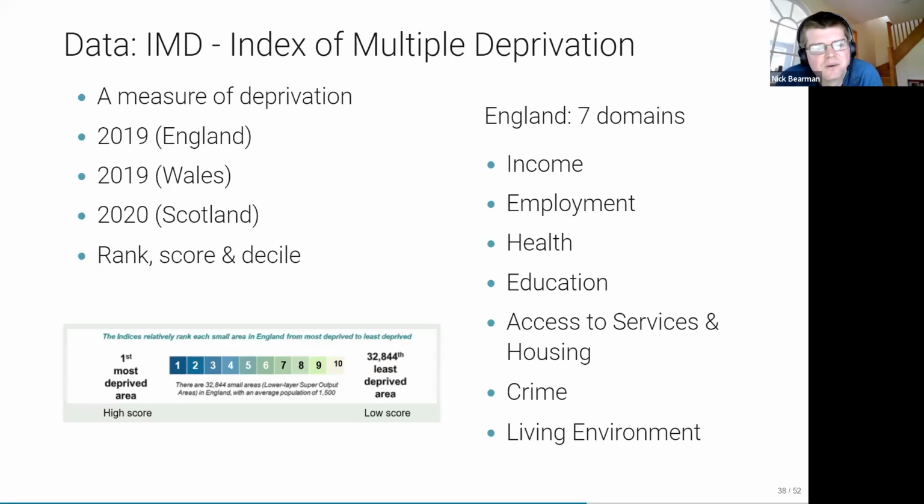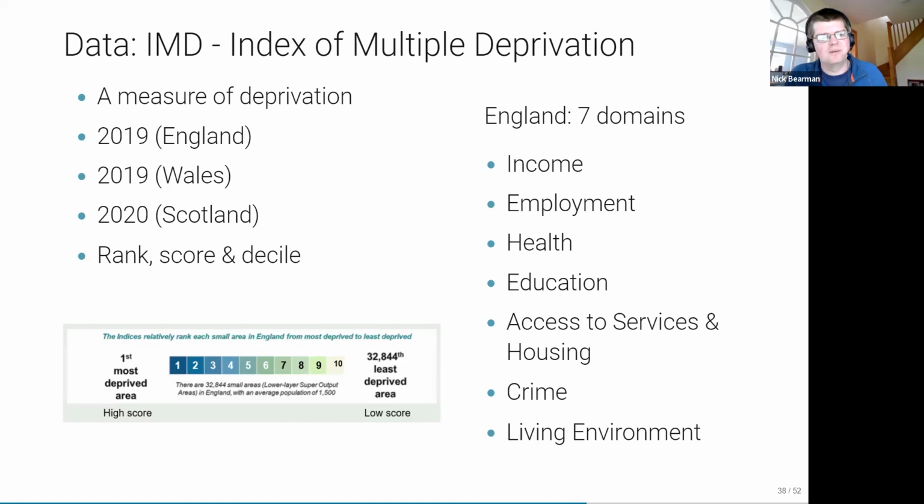So these are kind of things that contribute to this IMD. So income, employment, health, education, access to services, housing, crime, and living environment. And then they're given a measure of how deprived they are. And this is by each LSOA, so lower layer super output area of about 1,500 people.